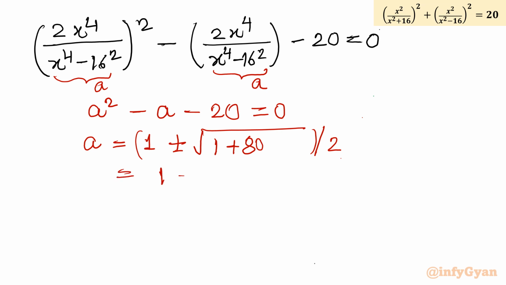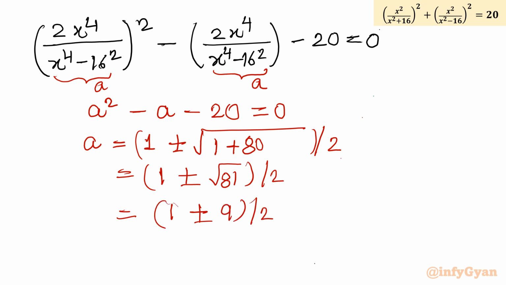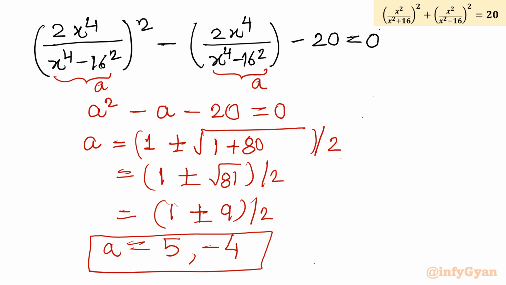Then I will write 1 plus minus root 81 over 2. Then 1 plus minus 9 over 2. Then 1 plus 9 over 2, so 5. And 1 minus 9, so minus 8 over 2, minus 4. Here we have two values of A, 5 and negative 4.